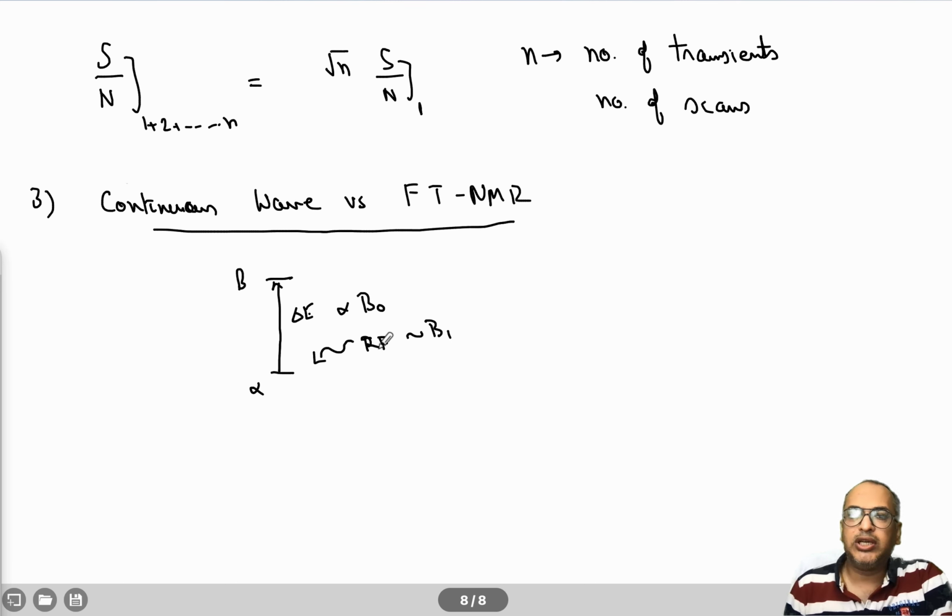Now the frequency of this RF has to match with the energy difference exactly, so that the transition can happen. Now there are two ways to bring about that matching condition. So one is that you apply a constant static magnetic field.